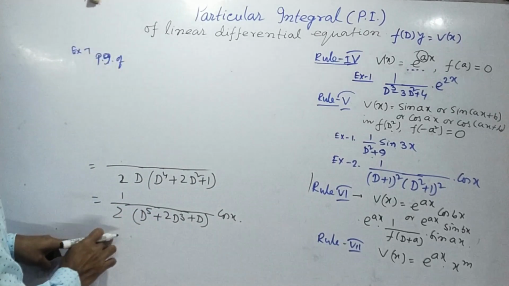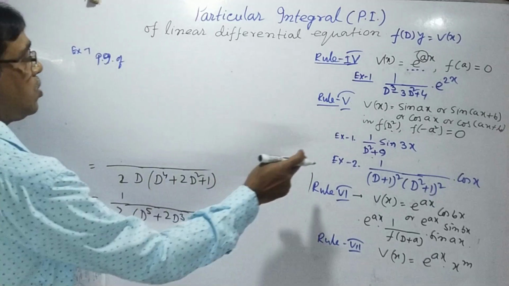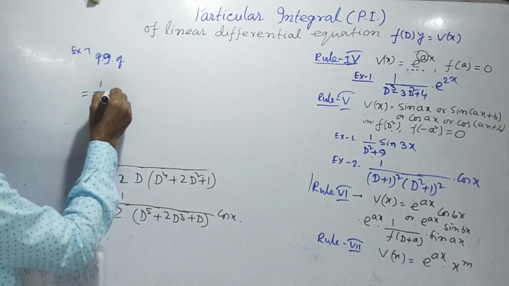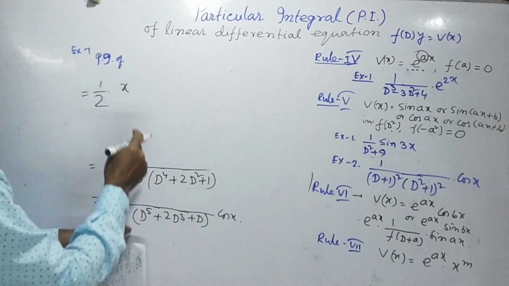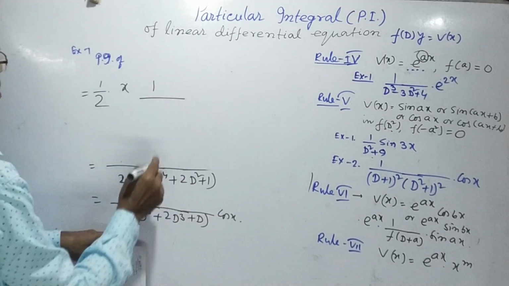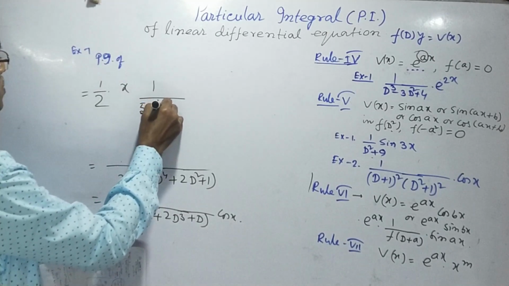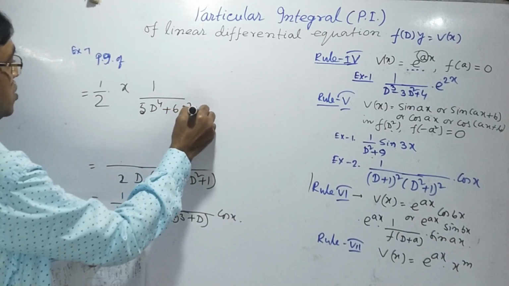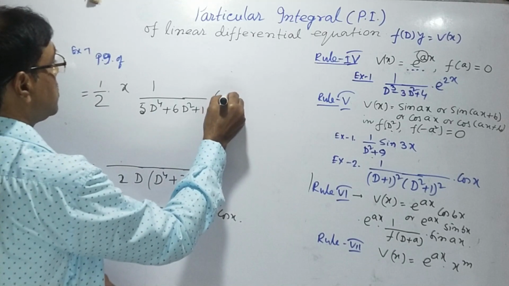So we differentiate this by the same rule. This is equal to half, and x inside, on the left side of this operator, outside the operation, 1 by the derivative of this, 5d to the 4 plus 6d square plus 1, into cos x.